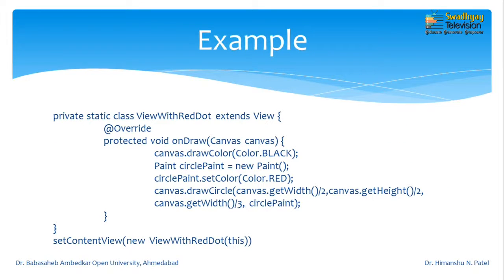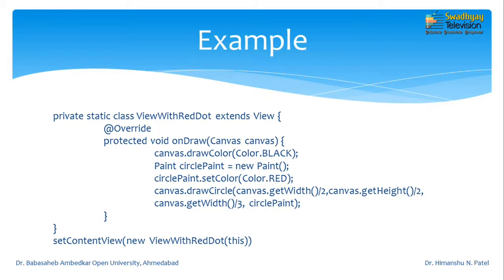Now, this is a simple example of how we can create canvas and implement its onDraw method. You can see here is a class ViewWithRedDot which extends View. This is how we create canvas and we implement its onDraw method. Inside onDraw there is an argument of type canvas.